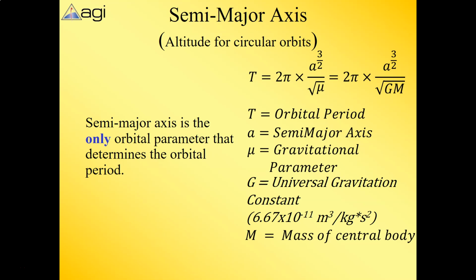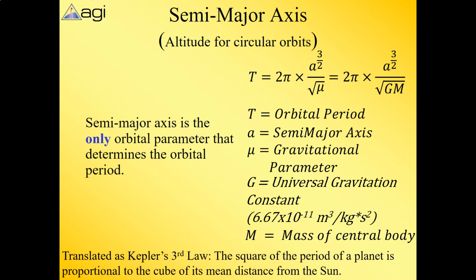All of this simply means that Kepler's third law is the square of the period of a planet, and it is proportional to the cube of its mean distance from the sun. Let me say this again. This can all be translated as Kepler's third law. Square of the period of a planet is proportional to the cube of its mean distance from the sun.